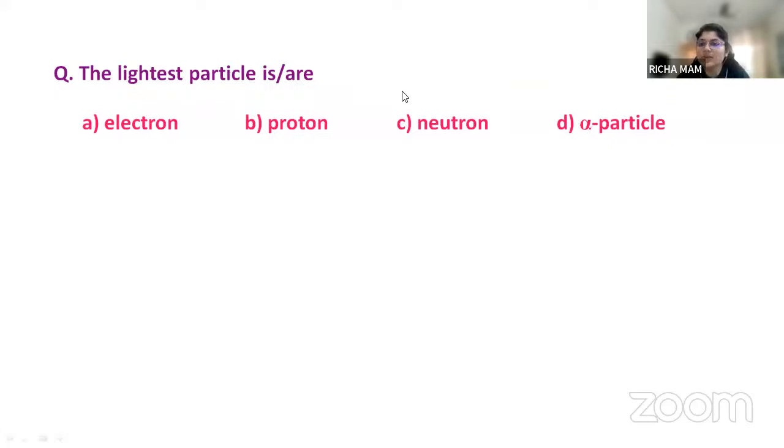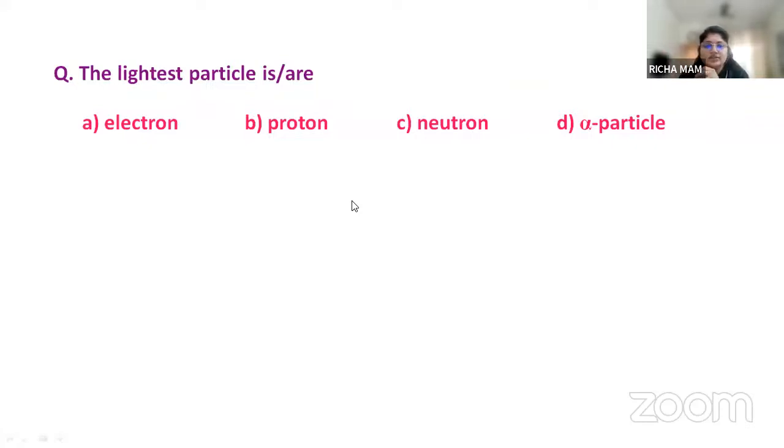Lightest particle means what? What you have to consider? You have to consider the mass. Do you remember we had seen the tabular in the synopsis, with the different mass and mass by charge ratio?